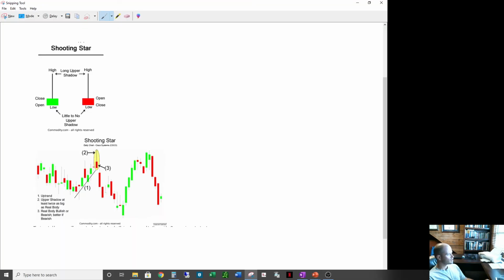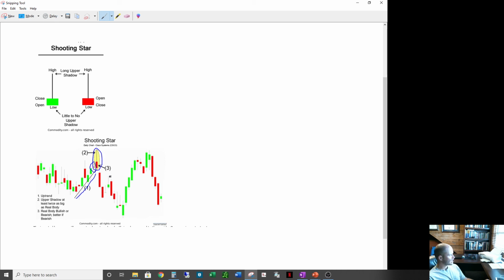So let me bring that back here. As you can see, we have our uptrend. We have our spinning top showing that a trend change is pretty imminent, and then we have our shooting star.